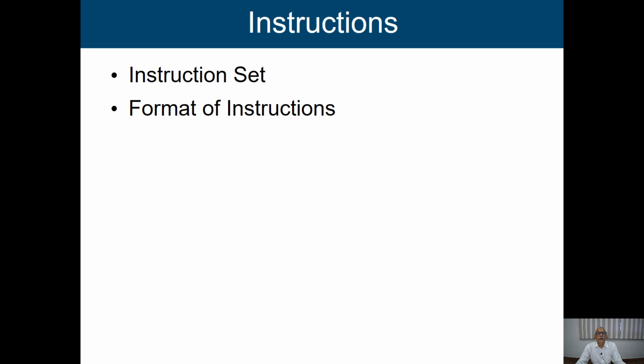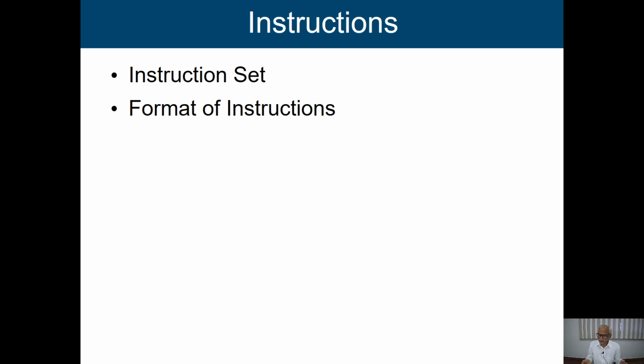If you look into the instruction set, it means what instructions we have in a machine and what the format of those instructions is, because every instruction is nothing but a bit pattern of 0s and 1s. For our understanding, we represent it as a combination of zeros and ones. Everything is a bit pattern. Now how are we going to interpret it? For that we have to give an appropriate format.